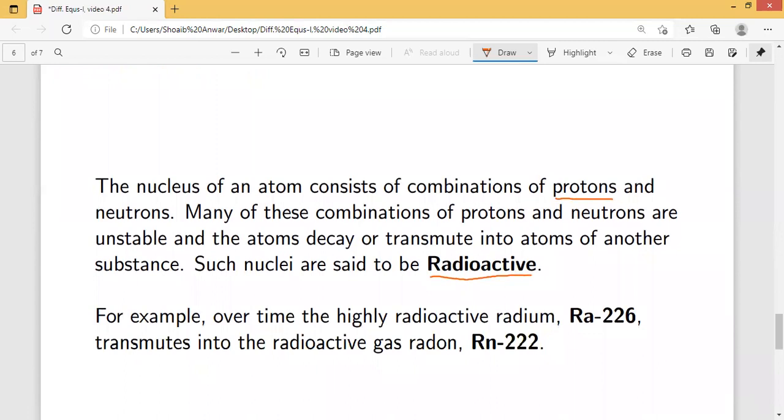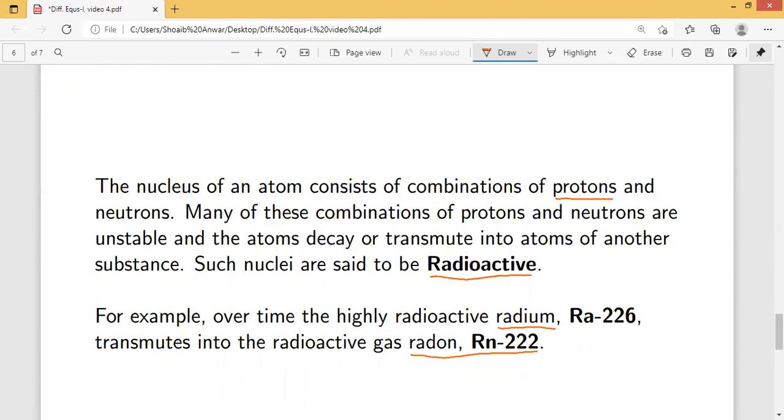For example, a highly radioactive substance is radium. It is converted into a radioactive gas, radon, Rn222.